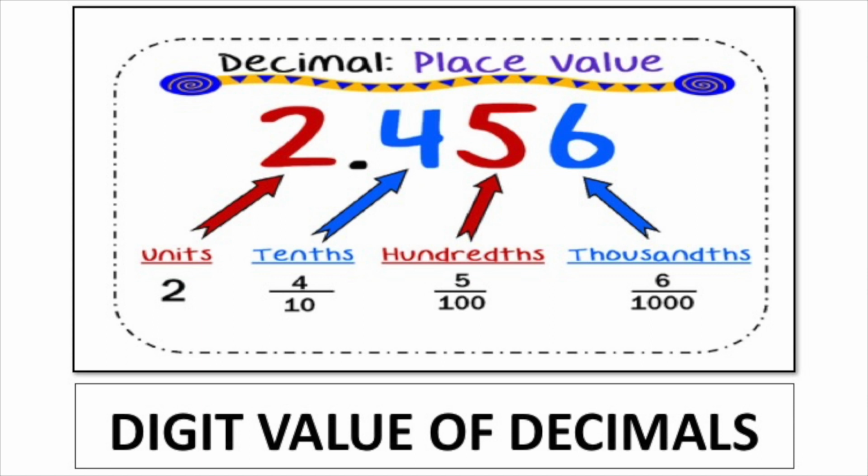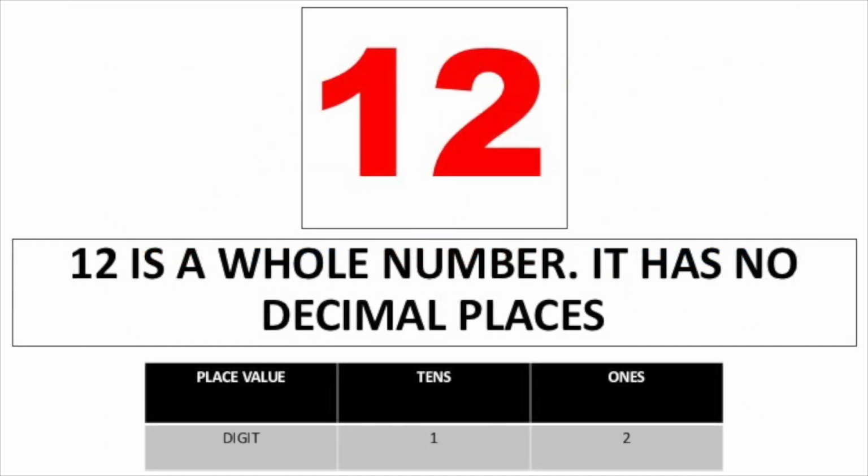But now let's have a look at how to work out the digit value. And it's not too difficult. First of all, what number can you see on the screen now? 12. Can you see a decimal point? No decimal point. So that means 12 is a whole number. It has no decimal places.